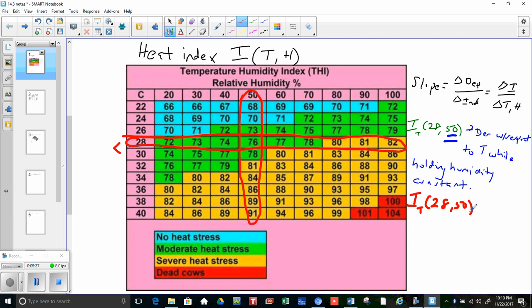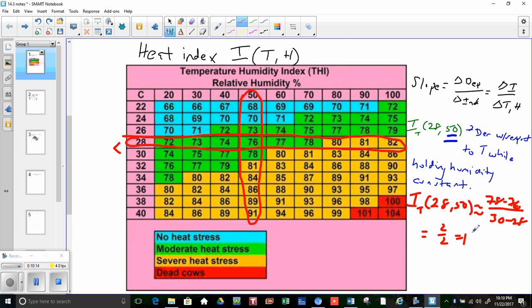28, 50 is going to be approximately equal to, well, let's see, what's the change here? The change of the heat index goes from 76 to 78. So that's 78 minus 76, over the change of the degrees, which goes from 28 to 30, so 30 minus 28. 78 minus 76 is 2, over 30 minus 28, so that's 2 over 2, or 1.